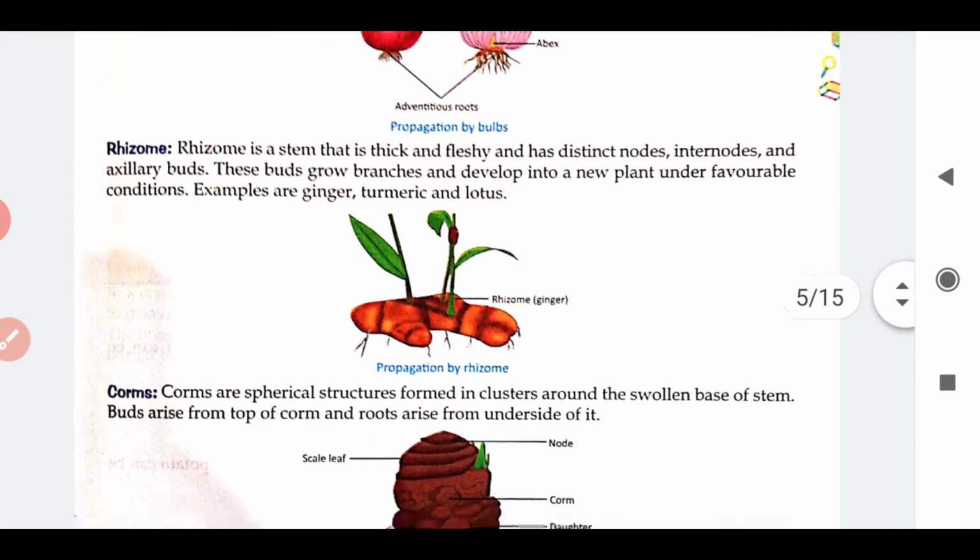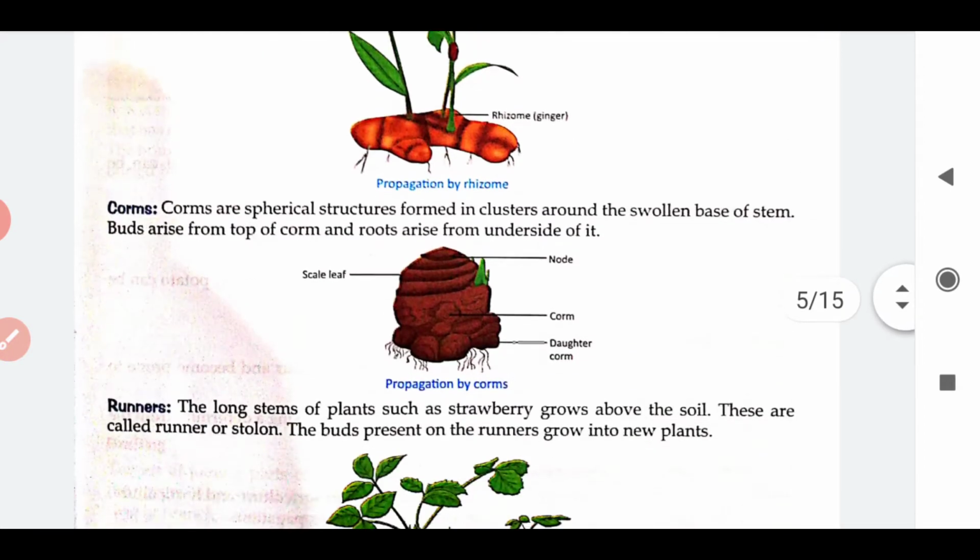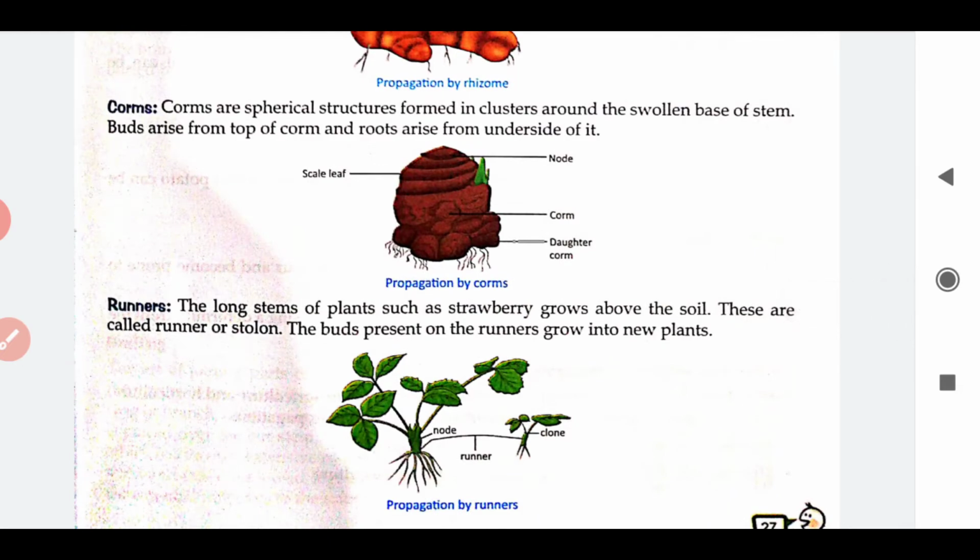In rhizome, each node and internode has outgrowths which develop a bud that can be planted and give rise to a new plant. In corms, it is also a stem part, the swollen base of the stem which has nodes, and they can also be planted to give rise to a new plant.